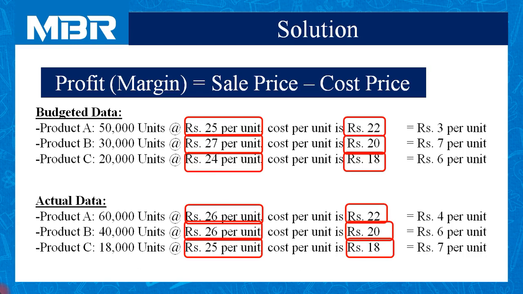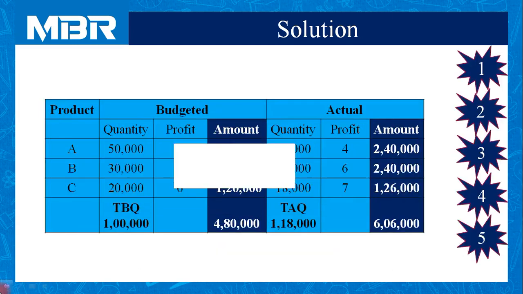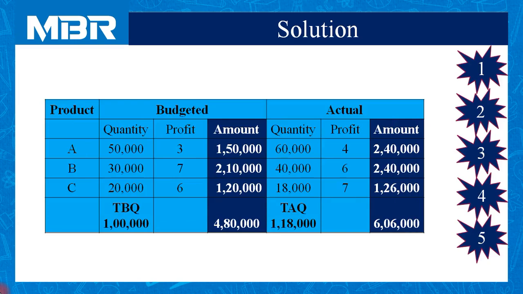So when actual cost figures are not given in the question, we need to assume that the budgeted cost figure and actual cost figure remain the same. So using this assumption, we need to calculate budgeted profit and actual profit. Let us prepare the table that we are preparing for the solution of our problem.